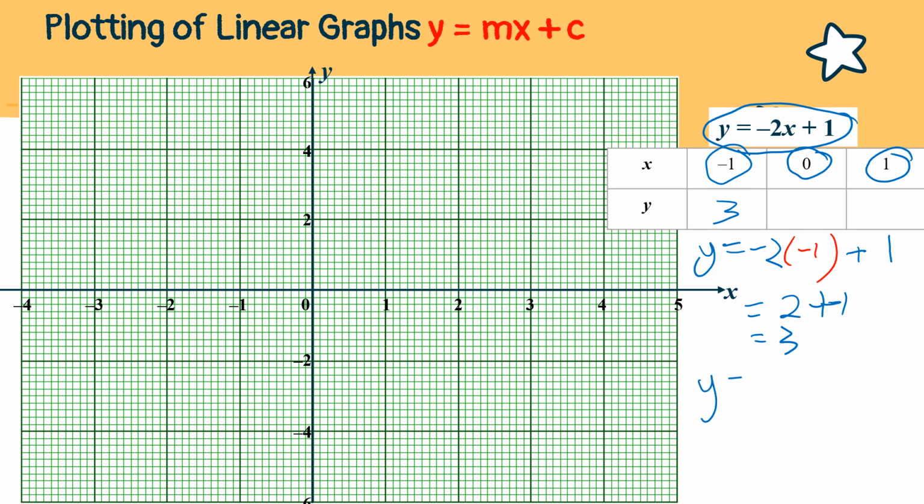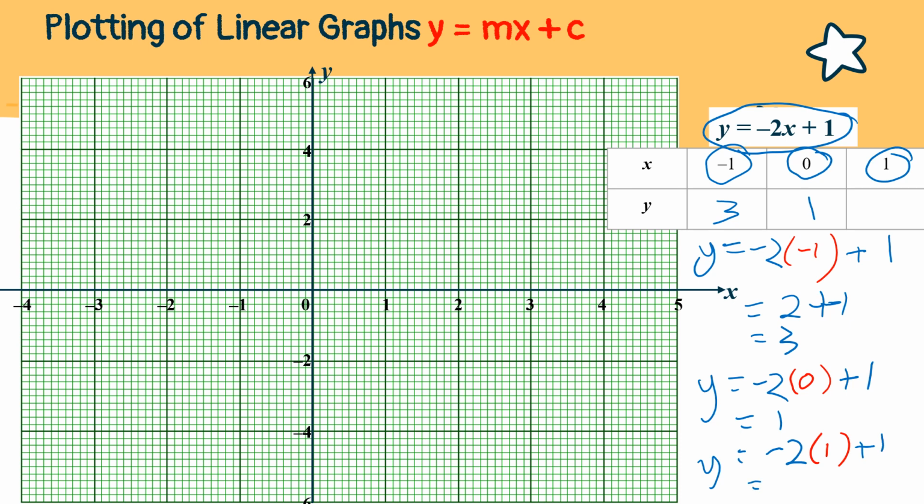Next, we have negative 2 multiplied by 0 plus 1, and we will have 1. So for the x coordinate of 0, the corresponding value of y is 1. Lastly, we have negative 2 multiplied by positive 1 plus 1.